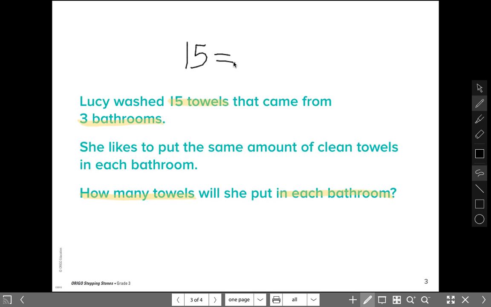Okay? How many bathrooms do I need? 3 bathrooms times some number of towels equals 15. What number times 3 equals 15? Ooh, Amir's about to burst. Does anybody besides Amir and Danny, does anybody besides my usual 3 know? I'm looking. Danny? 5.